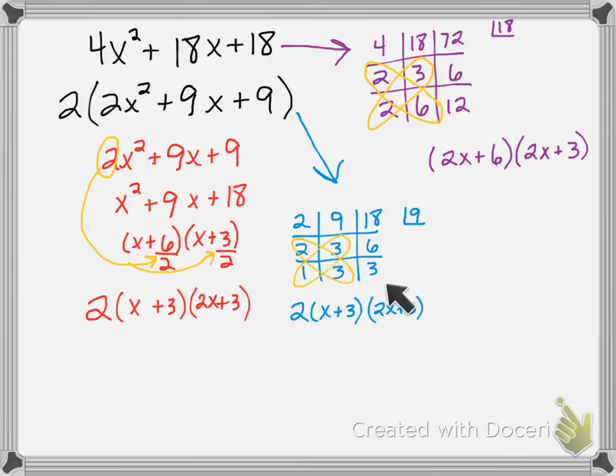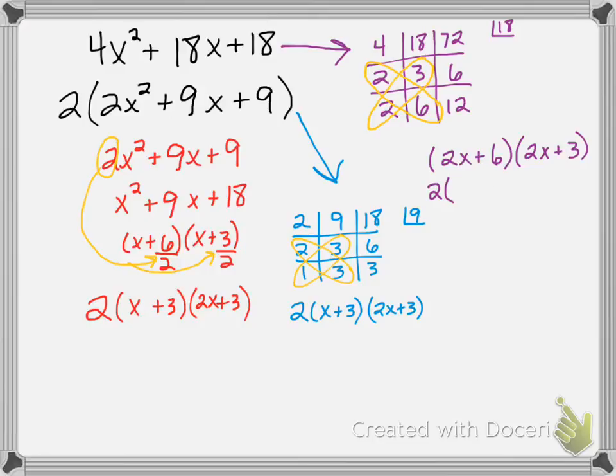But you might notice, oh wait, they don't look the same. Well, that's because although these are factors, this one is not completely factored. See, this binomial still has something in common. What do 2x and 6 have in common? Well, they both have a 2 in common. So I need to factor out that 2. And if I take the 2 out of 2x plus 6, what am I left with?